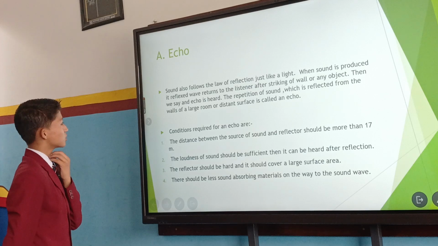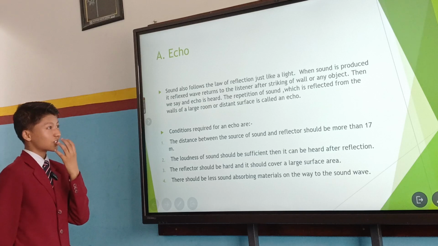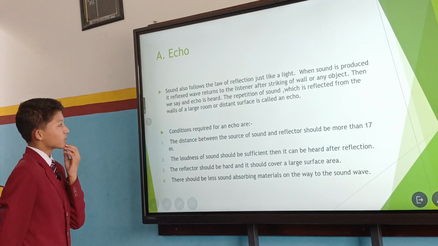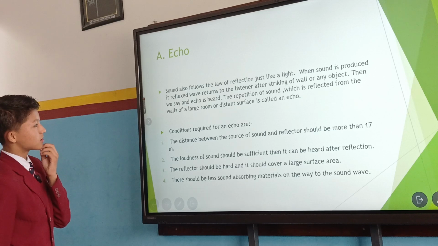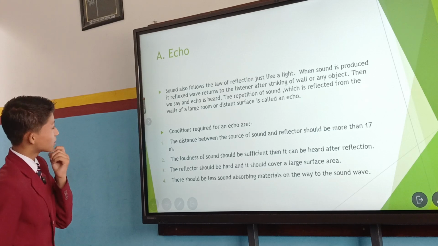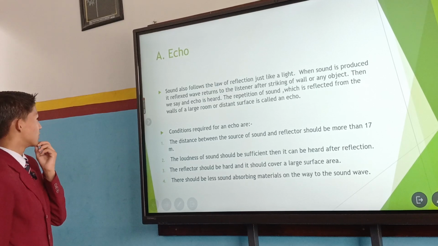Then we say the echo is heard. When we speak something and it strikes the wall and returns back to us, then it is known as echo. The repetition of the sound which is reflected from the wall of the large room or distant surface is called an echo.